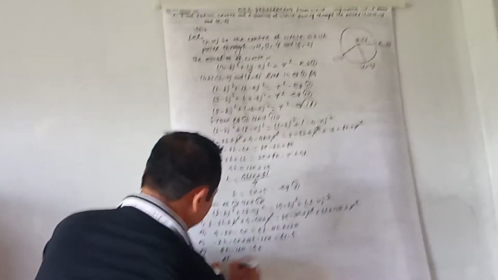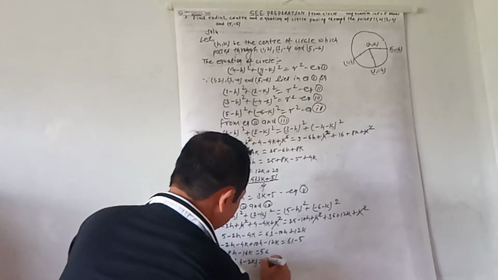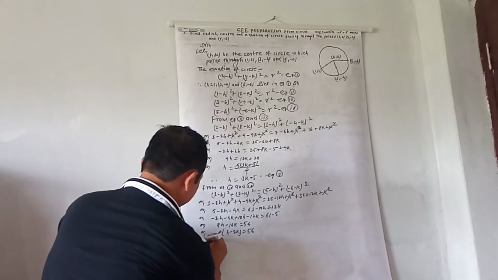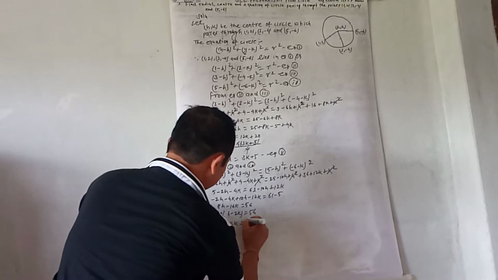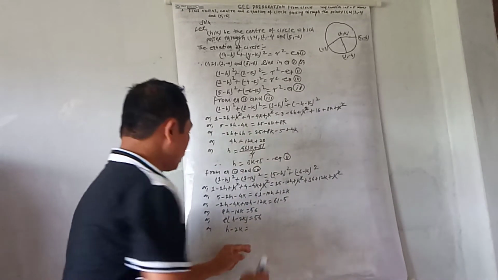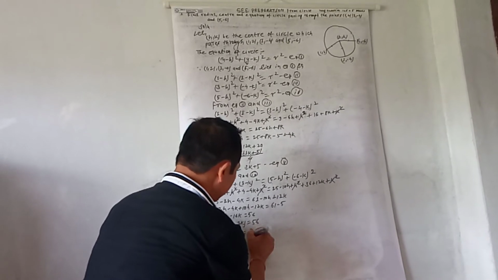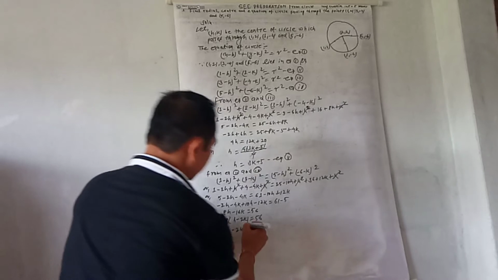Or 8 common take, then h minus 2k is equal to 56 divided by 8, means 7. h minus 2k is equal to 7.